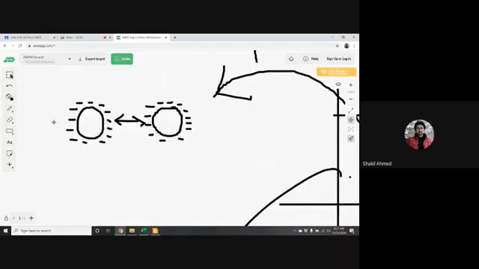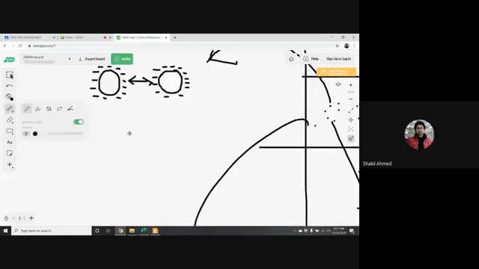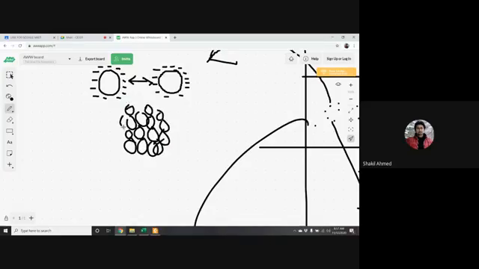If somehow you could bring them together, for example, 1,000 smaller particles together, what would happen?